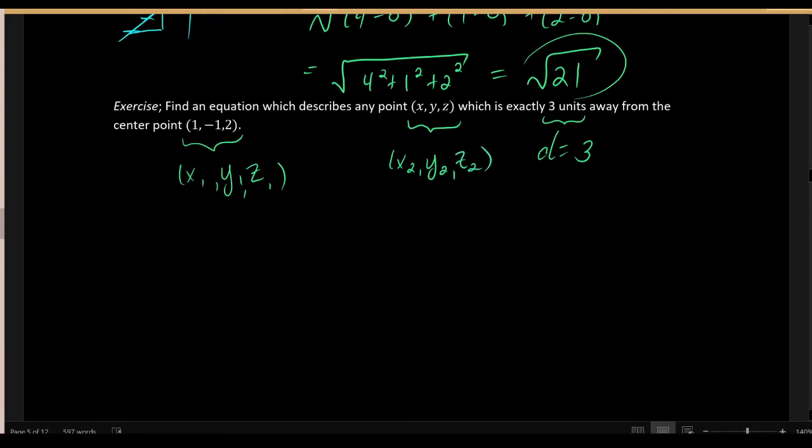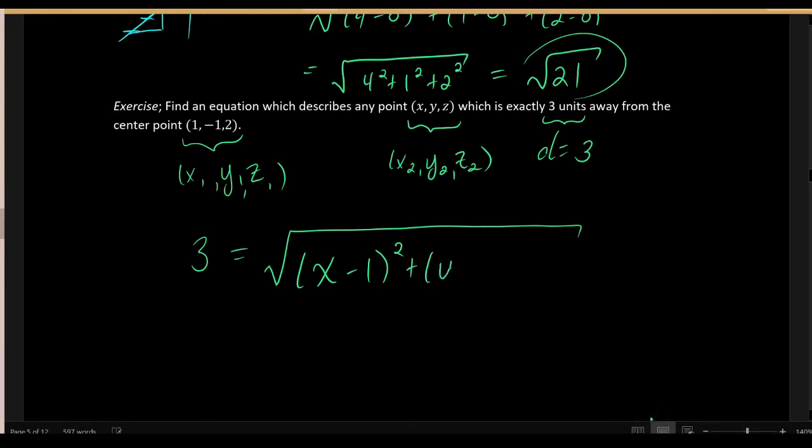So let's fit all of this information into the distance formula and see what we come up with. The d in the distance formula can be replaced by 3. The second point, the second x, is being referred to as simply x. x, take away the first x, the number 1, square that.